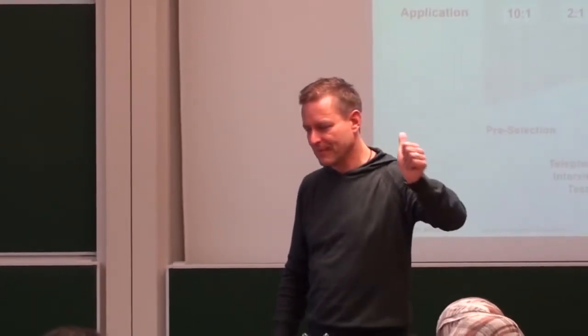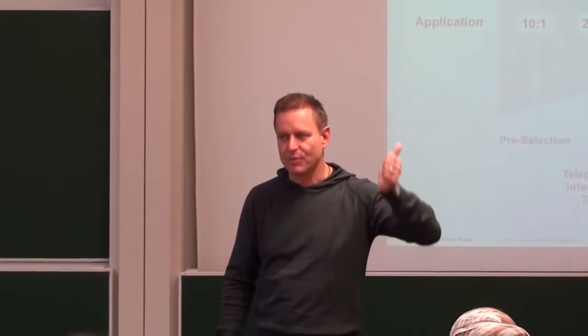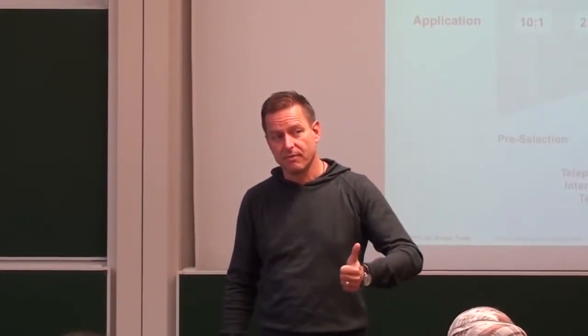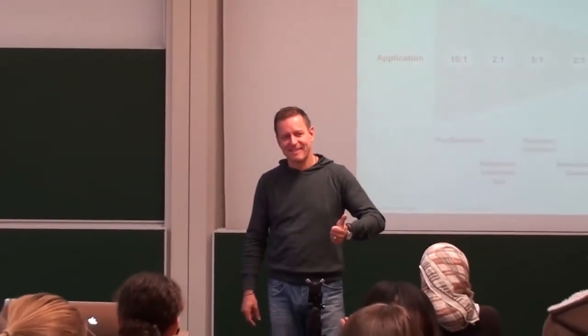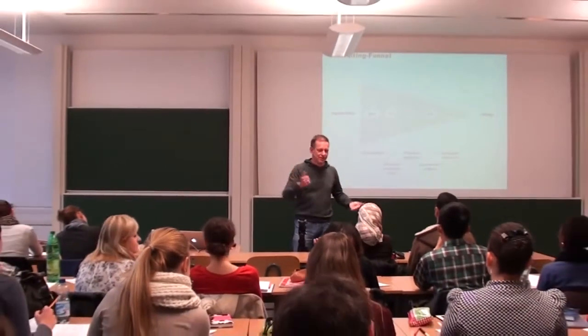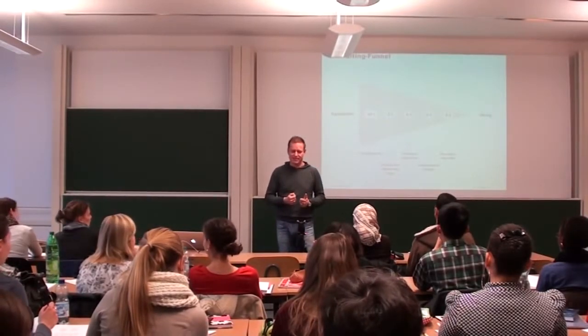First, what do you think? How much time does a recruiter take to review a resume? How much time, on average? 5 minutes. What do you think? 5 minutes. Oh, that's less, huh?